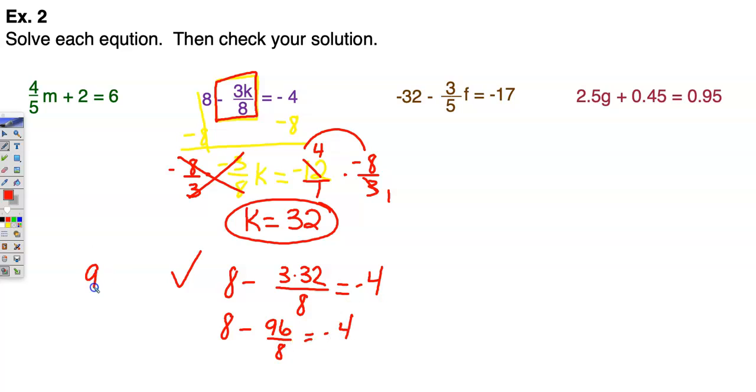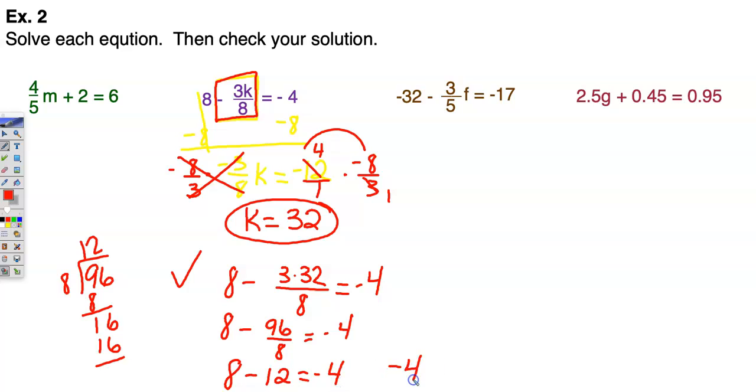Now, of course, if you don't know what 96 divided by 8 is, you go off here to the side and work that out. That's what your extra space is for. And we end up with 12. So we have 8 take away 12 is equal to negative 4. And that does check out. Negative 4 equals negative 4.